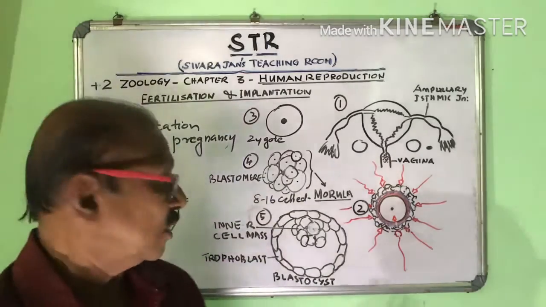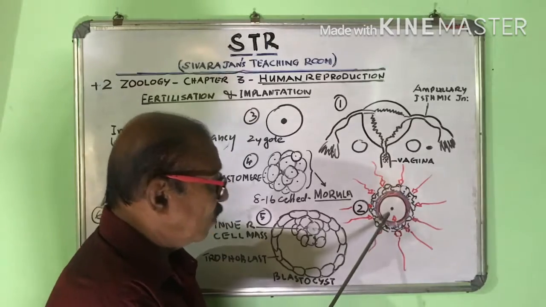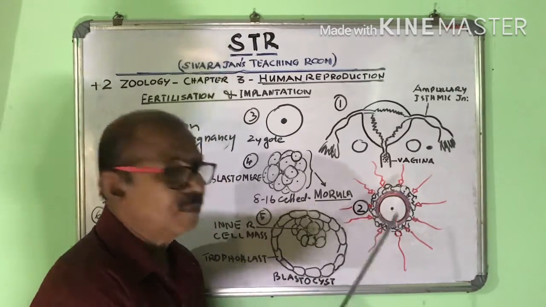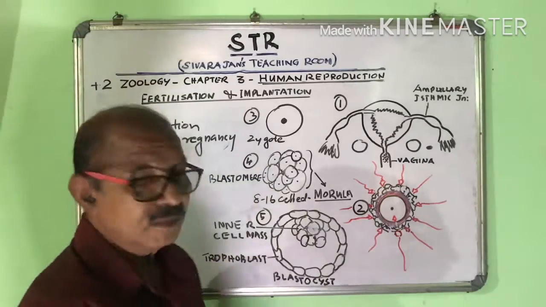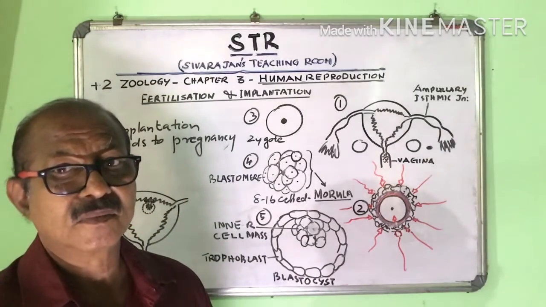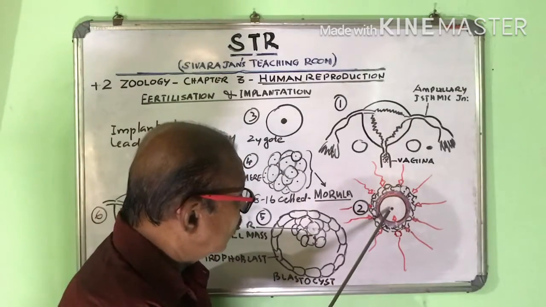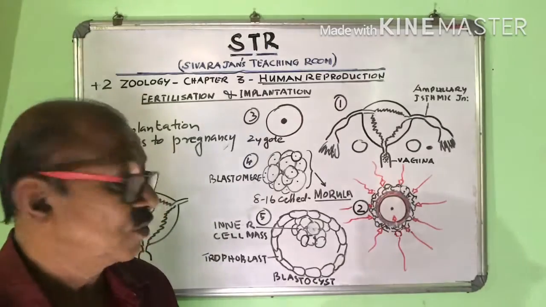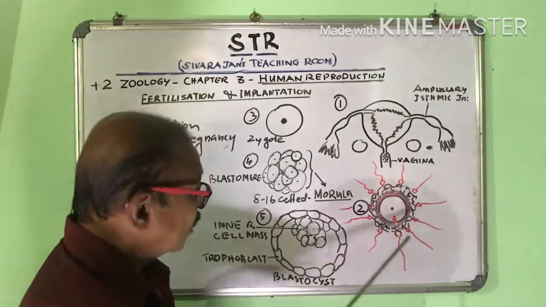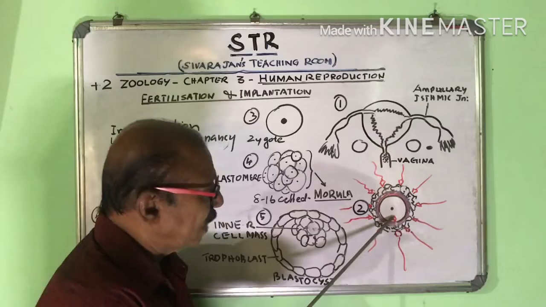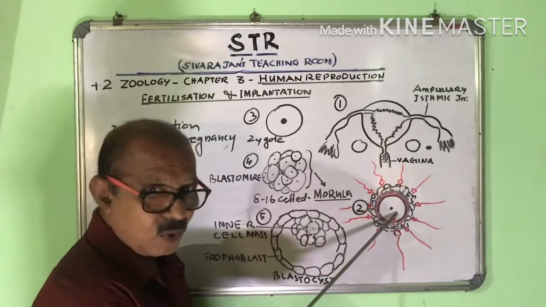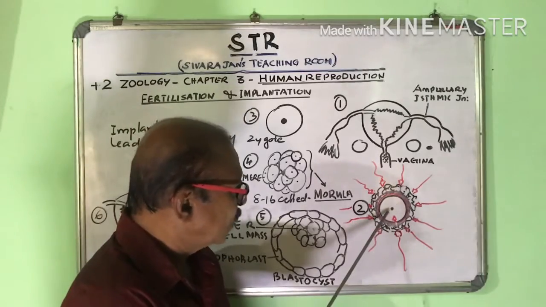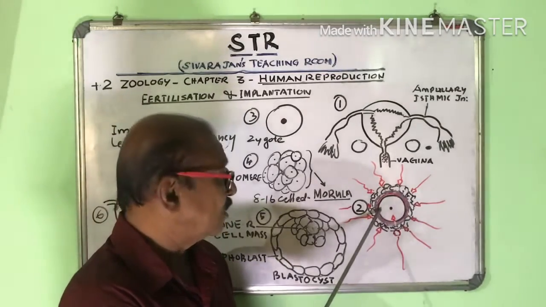The haploid nucleus has entered the ovum. The presence of the sperm head in the cytoplasm of the ovum induces the haploid nucleus of the ovum, which is in the secondary oocyte stage, to complete meiosis.